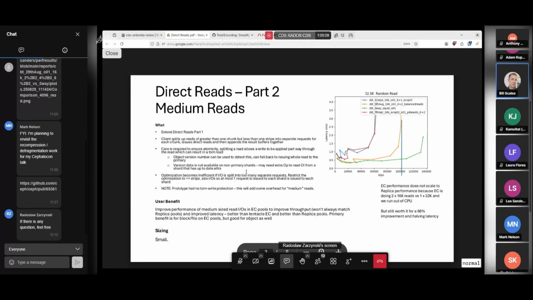If you look at the picture, the green line is the replica 3, the yellow line is what we managed to achieve with erasure coded pools. The reason why the performance doesn't scale to replica 3 is because we're splitting it up into multiple IOs. We're getting the OSDs to do more work, because they've got to process 2 IOs instead of 1, and we ran out of CPU resource and hit the wall. So we still get a 66% improvement, but it's not quite as good as replica 3.